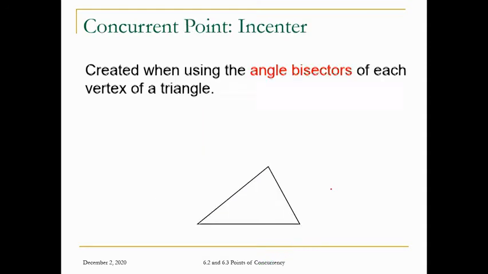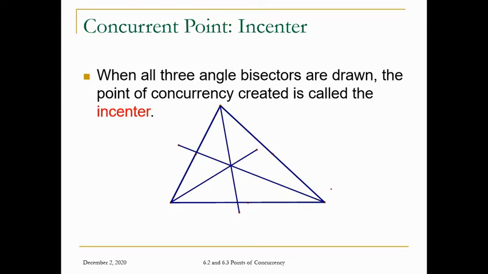Concurrent point incenter. This is created when using the angle bisectors of each vertex of a triangle. Notice that you draw your line, you're just cutting the angles in half. When all three angle bisectors are drawn, the point of concurrency created is called the incenter.